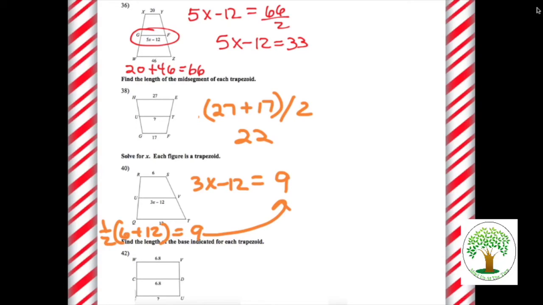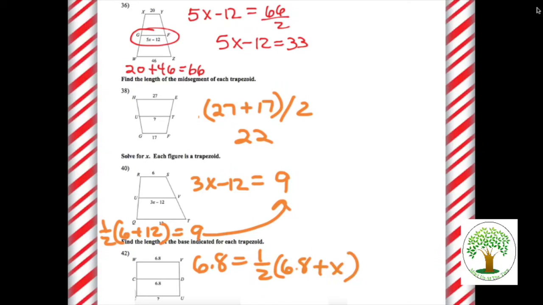All right, let's do the last one on this page. It's got some decimals this time, and it says that it's a trapezoid. But this time we don't have the midsegment. We have that one as our x. How do I do that? It says that the midsegment is half the sum of those, right? So 6.8 is half the sum of what and what?